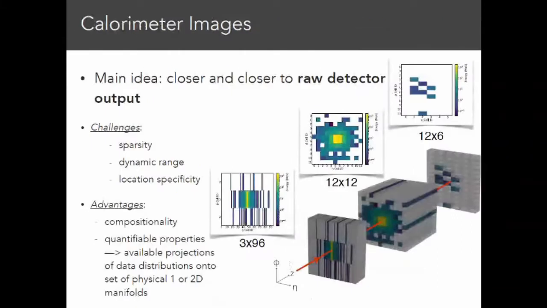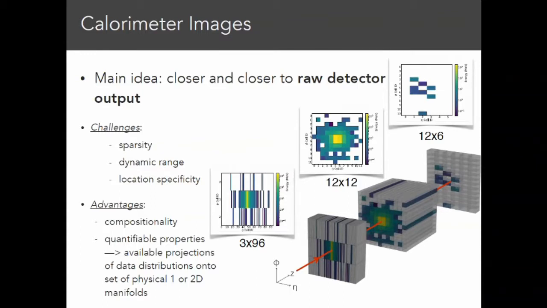We can shift from jet images to calorimeter images, which are a similar idea, but for the sake of pure algorithms research, we want to look at calorimeter snapshots purely as a 3D longitudinally segmented image. And there are some challenges that come with this. Calo images have a high degree of sparsity. They have a high dynamic range.